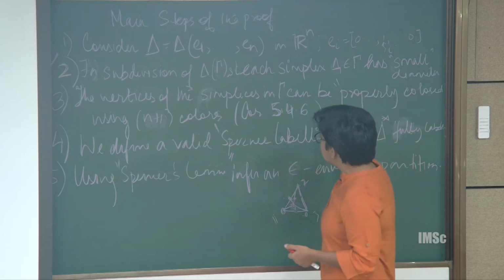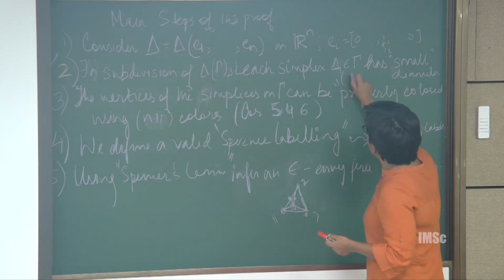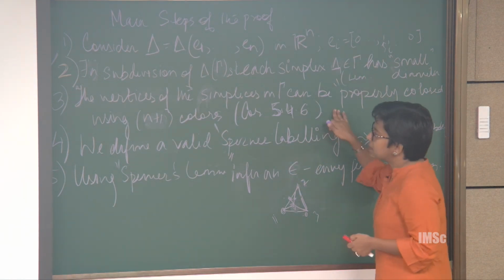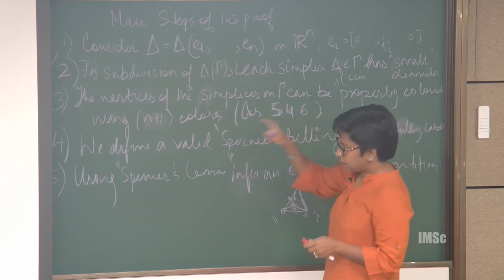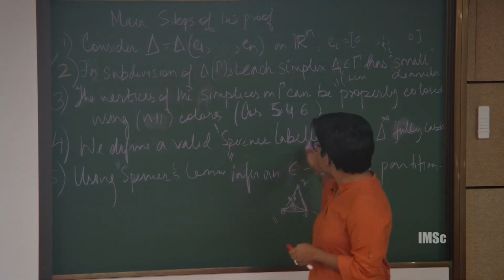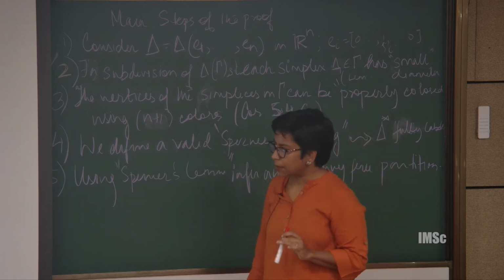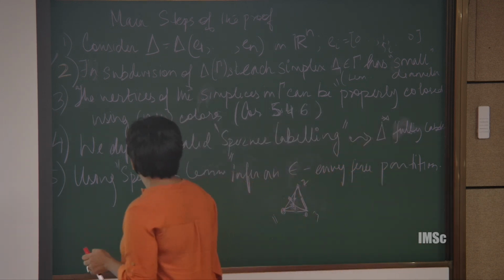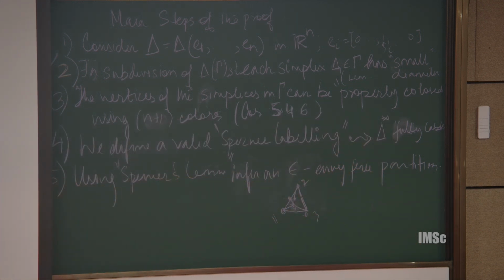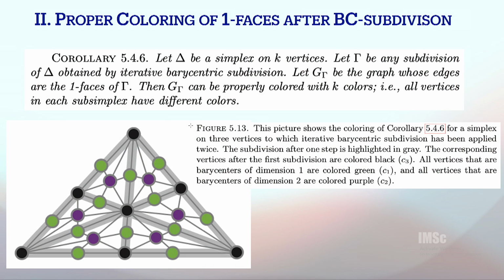This one was an earlier lemma, I forgot what it is, and this is the corollary, the one that allows us to say that they can be properly colored using n plus 1 colors. Okay. Now, I need more board space. Okay, so maybe this side.